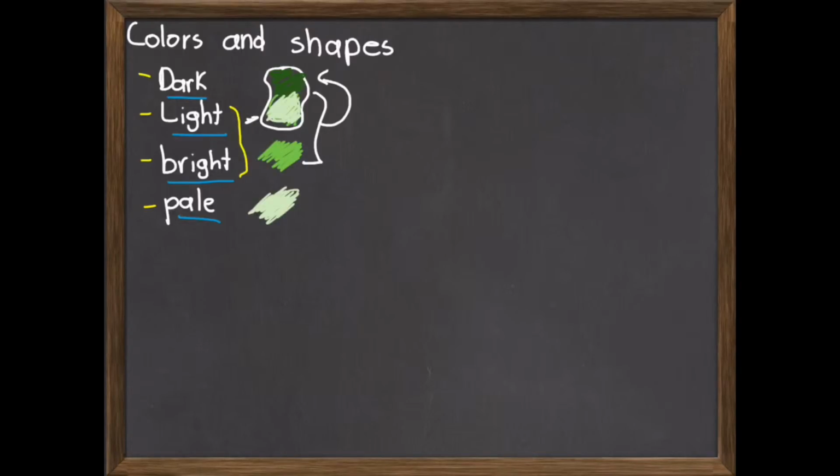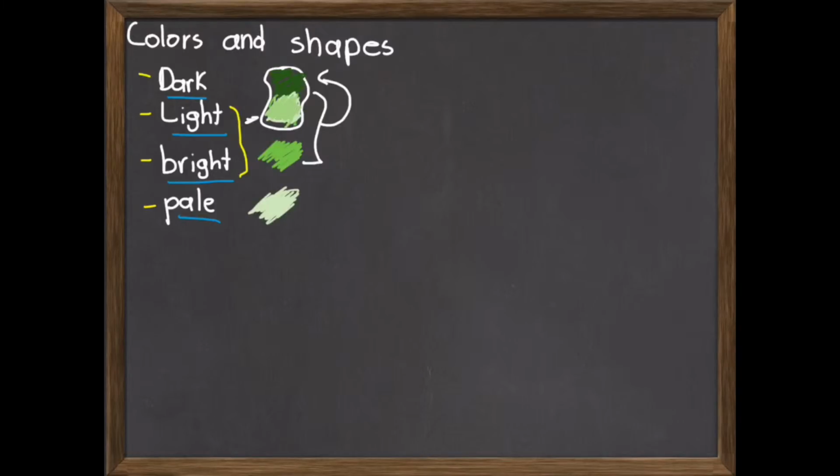But here, since I don't have many choices of color in this program, you can see that they're both pretty much the same. It's just that this one is more mixed with the green color, more pastel-like, the light color, and the pale one doesn't really have much green in it. I hope that's better to understand. You can use all of those words to describe how strong a color is.